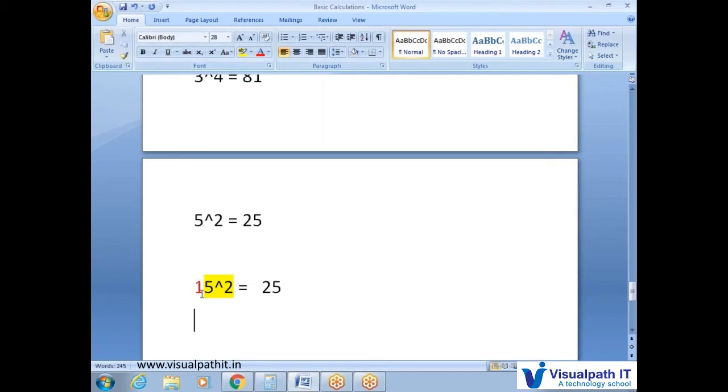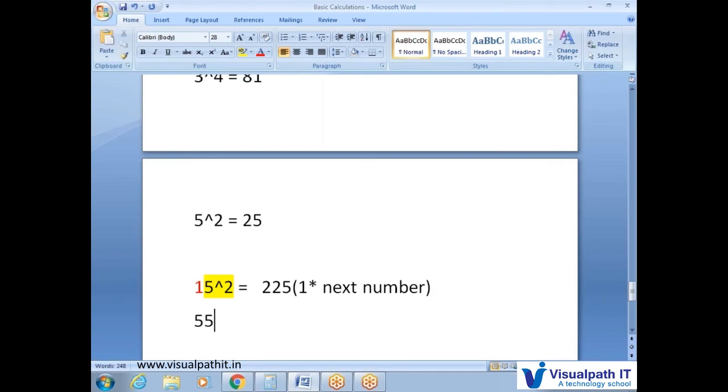And the first number is 1. What is the next number? 1 into the next number, so 1 into 2, which equals 2. What is the answer? 225. Clear? 1 into 2 gives 2, followed by 25, so 225.